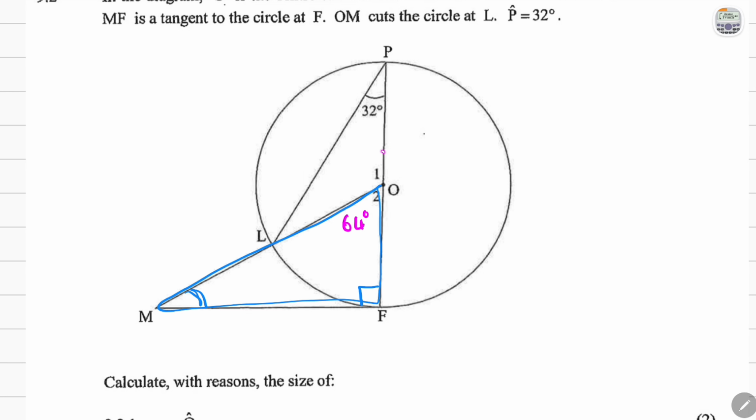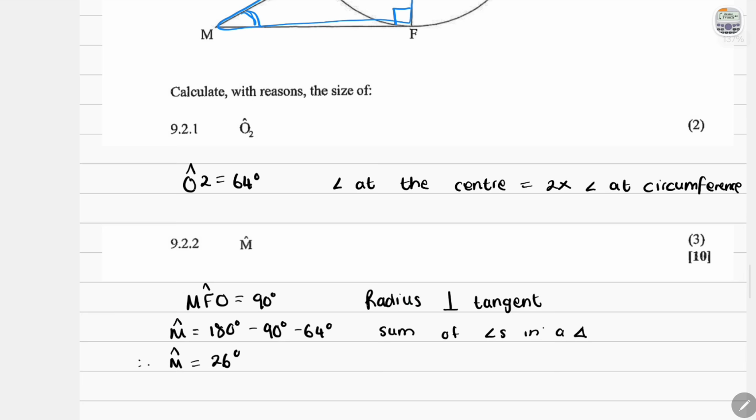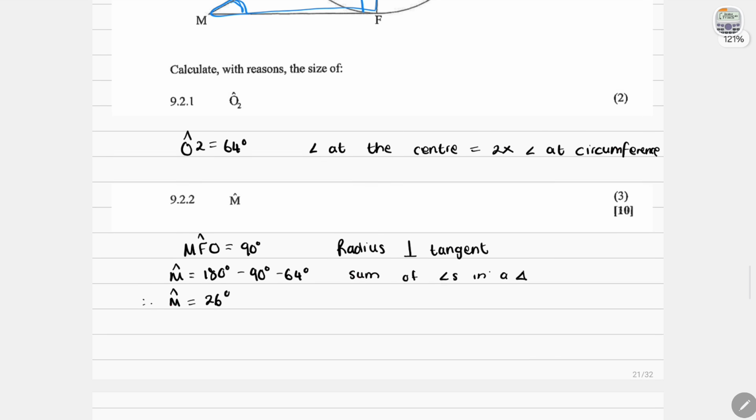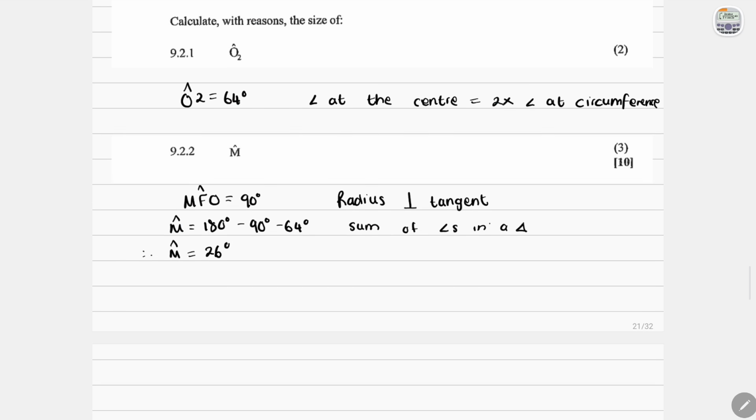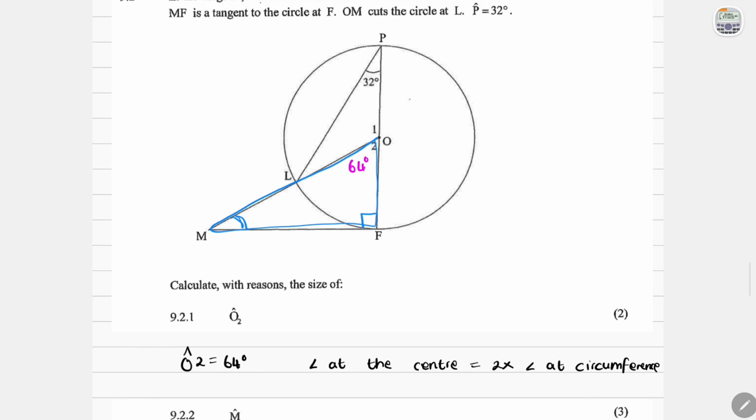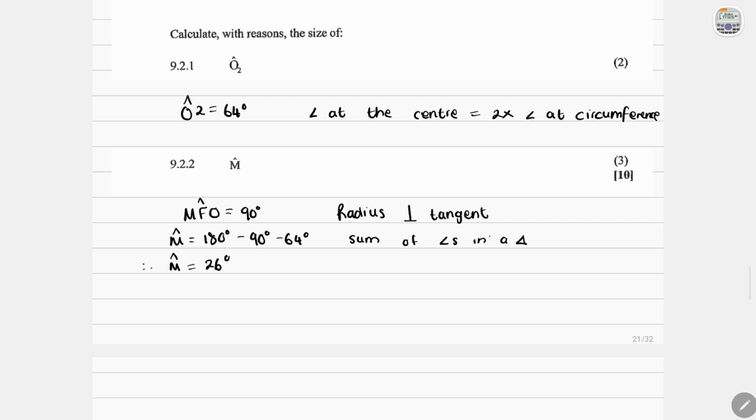So if you find angle O1 using the sum of angles on a straight line, seeing that you have 64 degrees, you could have found angle O1 and then use that exterior angle to find this angle, okay? Because this plus this gives you this exterior angle. Okay, so that is another way of finding it. But that is it for that question, and we are going to move on to question 10.